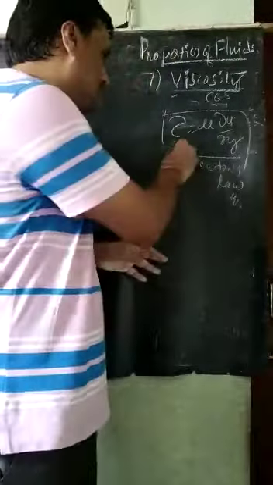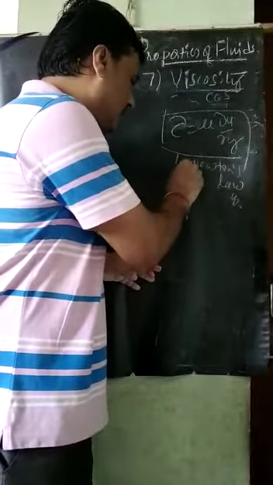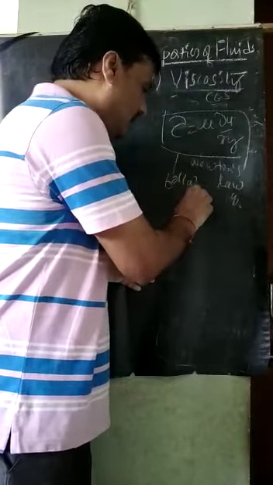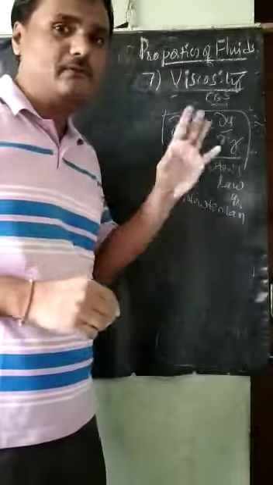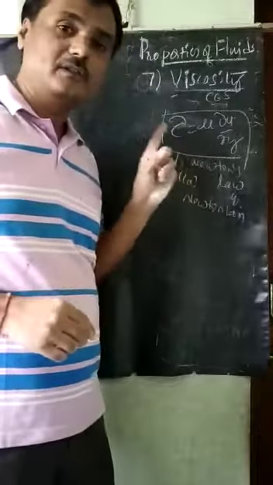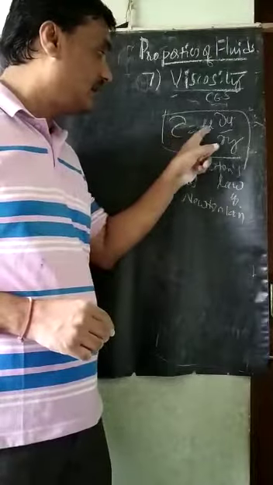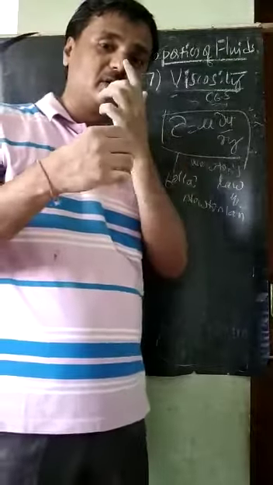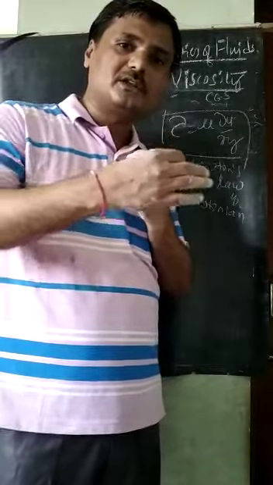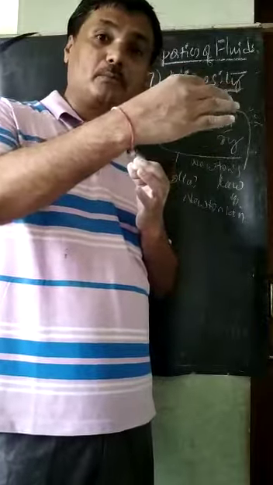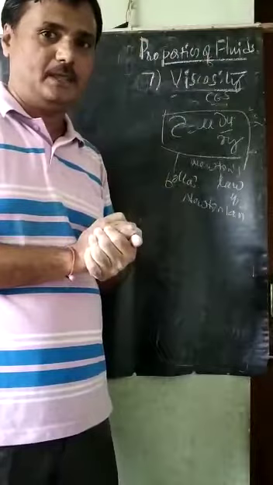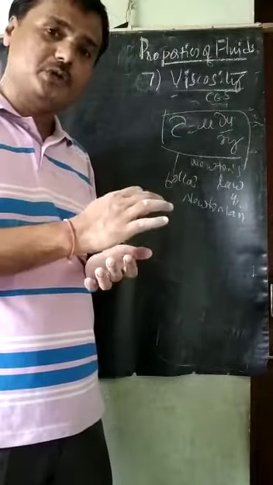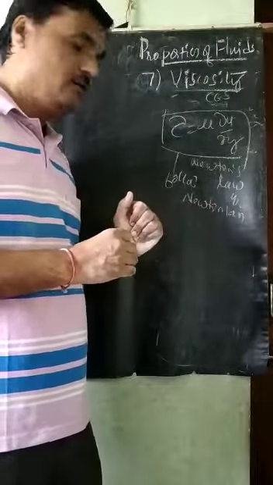Very important: Newtonian fluids follow this law, that shear stress is directly proportional to the velocity gradient. As the shear stress goes on increasing, the velocity gradient has to increase proportionally, and when decreasing, decrease proportionally. Then they are called Newtonian fluids.